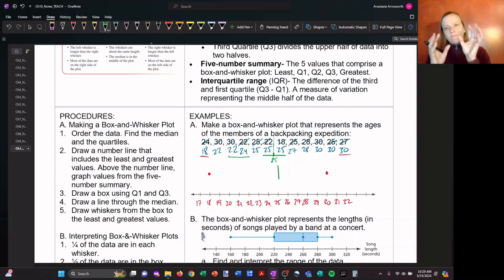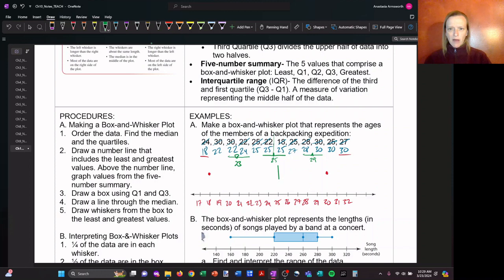So positions 3 and 4 are my 2 middle values. So I'm going to need to average those. That average number is going to be 23. And then my Q3 value is going to be my middle point up here, which is halfway between 28 and 30, which is going to be 29.